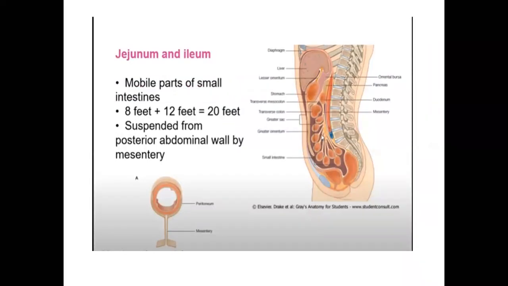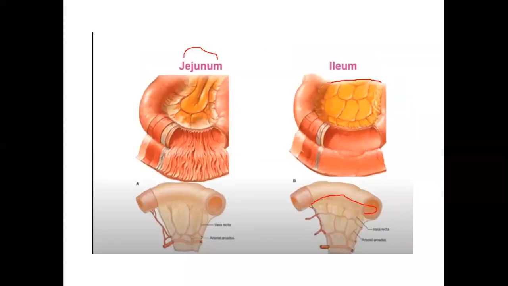And then we have the second part, that is the jejunum. Its length is 2.5 meters, and it is a more mobile part, lying more on the left side of the abdominal cavity, while the ileum is 3.5 meters long, and it is lying more on the right side of the abdominal cavity.